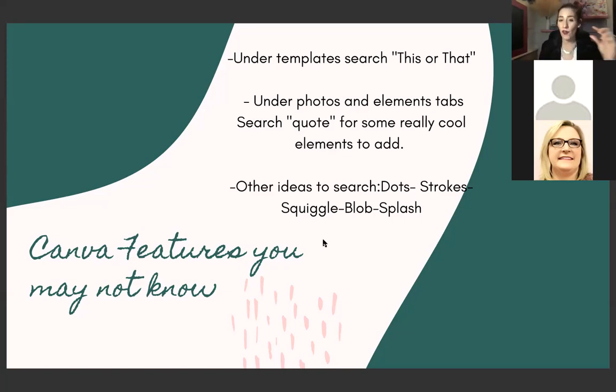You can also go under the Photos tab and the Elements tab and search quote. And if you do that, there's really beautiful things that will come up. And again, I'm going to show you this in the live when I share my screen. When you put quote in there, it'll actually pull up beautiful templates where you can literally just stick a quote in there.